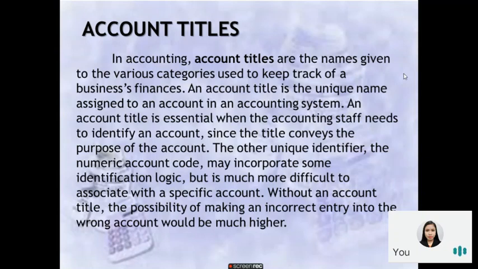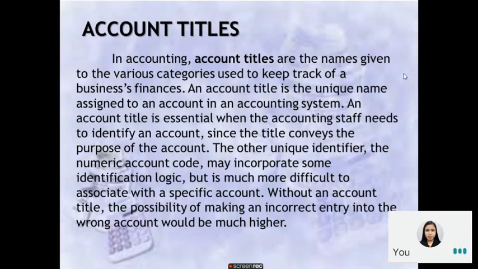For example, all the asset accounts are assigned from 100 to 199, so an account number that starts with number 1. And then next is the liabilities accounts. All the liabilities accounts can start from 2, from 201 to 299, depending upon the business.